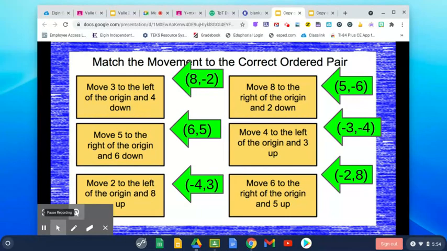If you look at the first example, it says move 3 to the left of the origin and 4 down. Where is my new location? And what would that ordered pair be? Then answer the following questions.